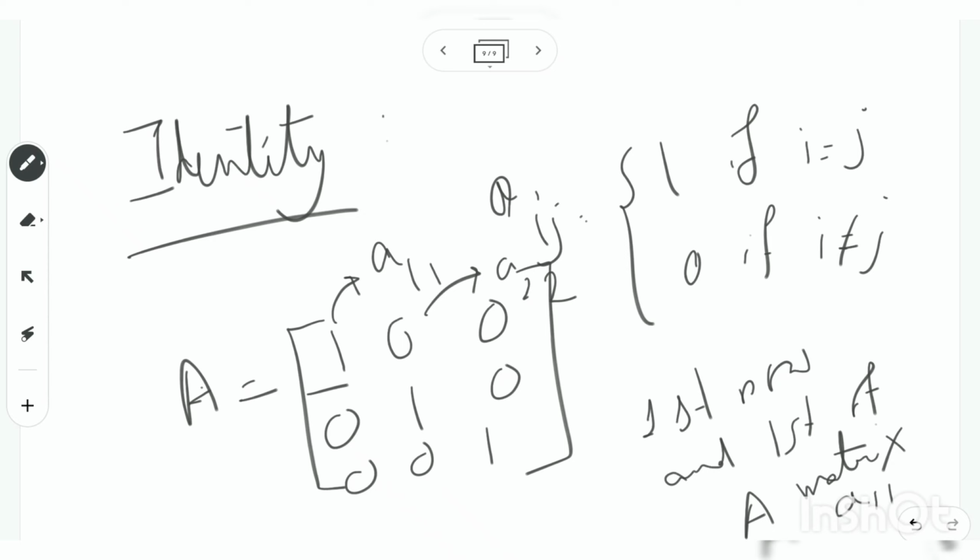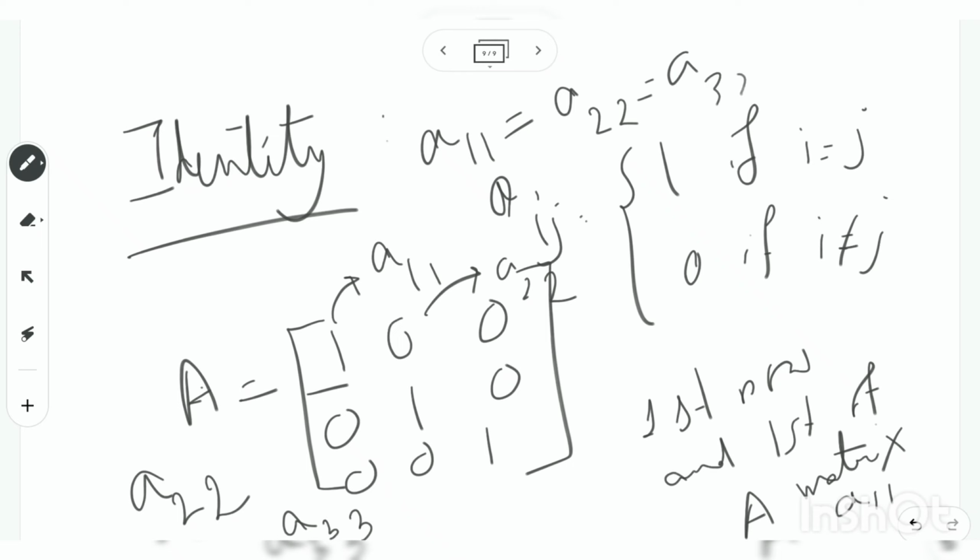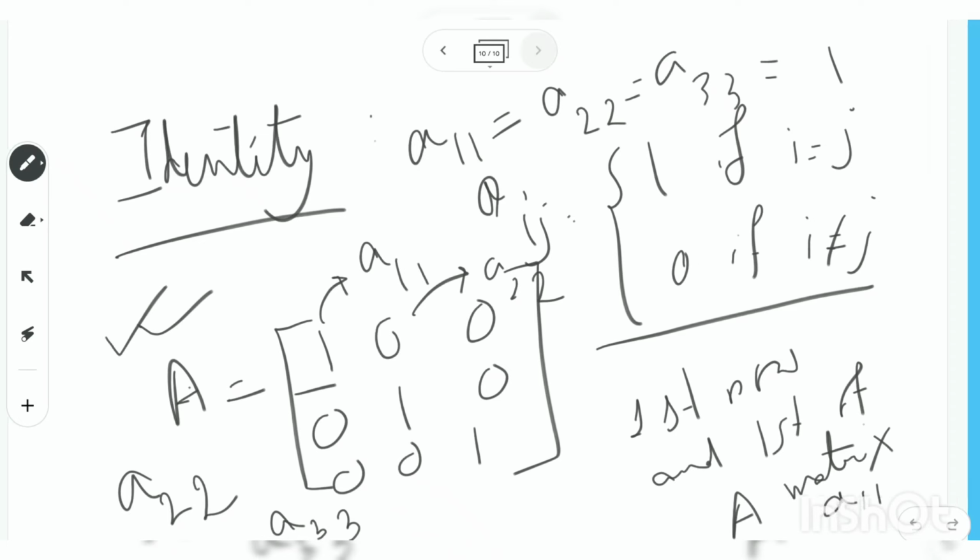Similarly, second row and second column of A matrix, that is small a22, and third row and third column of capital A matrix, that is A33. So if A11, A22 and A33 for a 3 cross 3 matrix equal 1, and all other elements are 0, then this is basically an identity matrix.